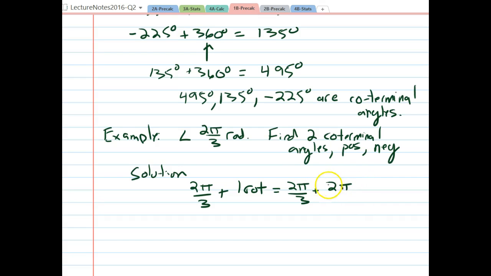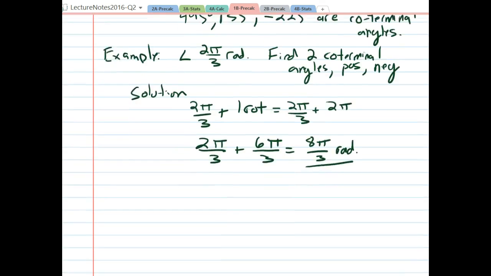Well, if I'm going to add those, I have to get a common denominator. So 2 pi over 3, I'm going to have to get a common denominator of 3, so it becomes 6 pi over 3, which is 8 pi over 3 radians. That is a coterminal angle to 2 pi over 3.